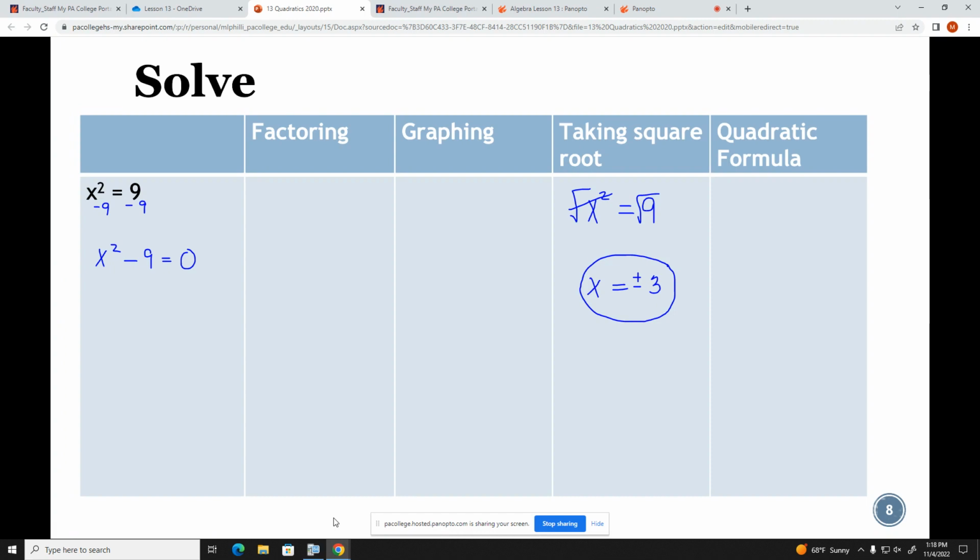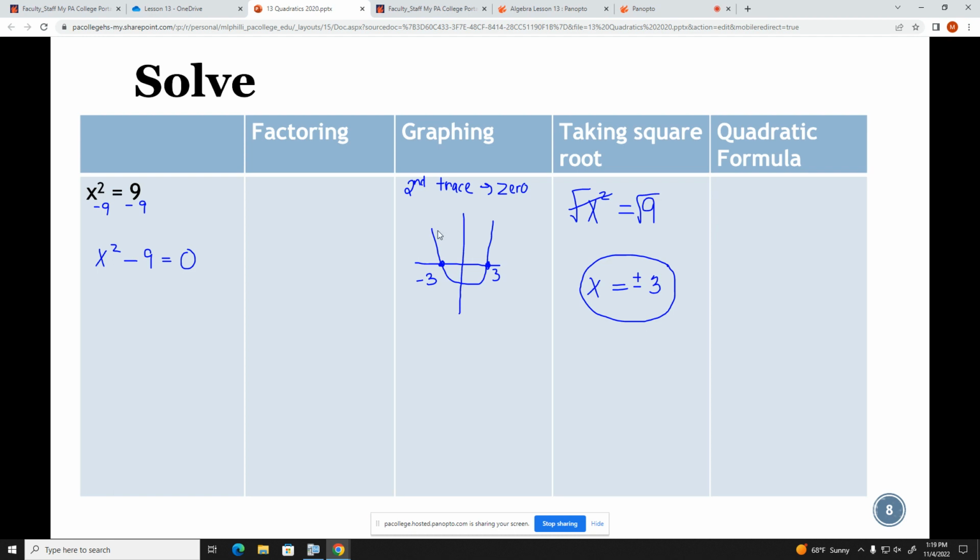To show the graphing method, I graphed my parabola, used second trace and then the 0 feature. The zeros are the places where it crosses the axis, and they occurred at -3 and at +3, which are the same two solutions we got by taking the square root.